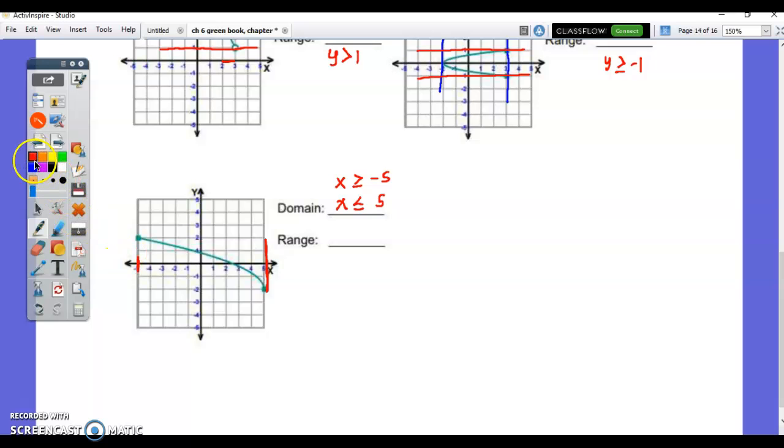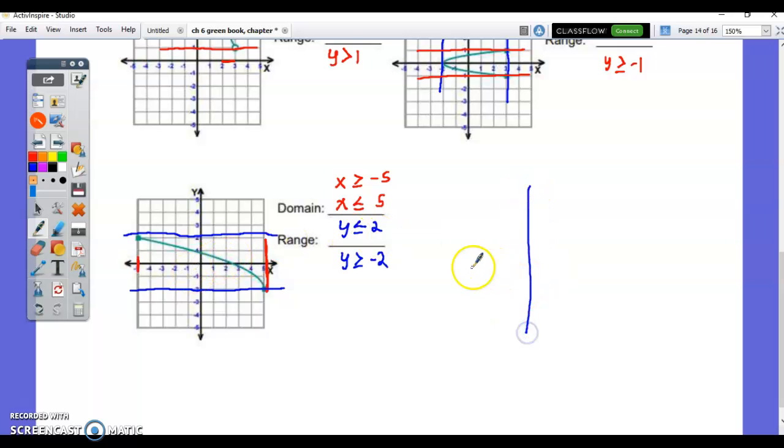And our y values, where this graph covers from an up and down standpoint, would be this point. So up to 2 and down to -2. So our y would be less than or equal to 2, and y is greater than or equal to -2.